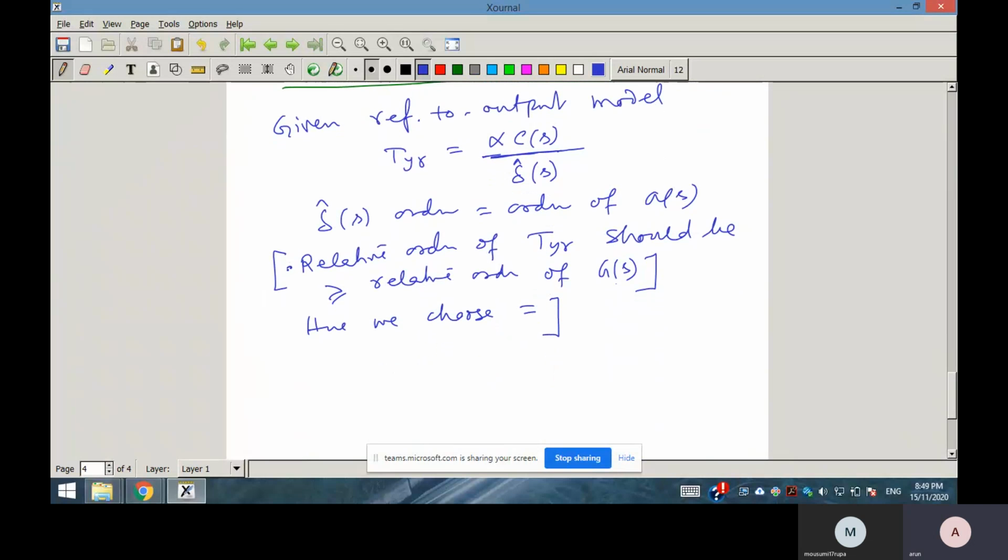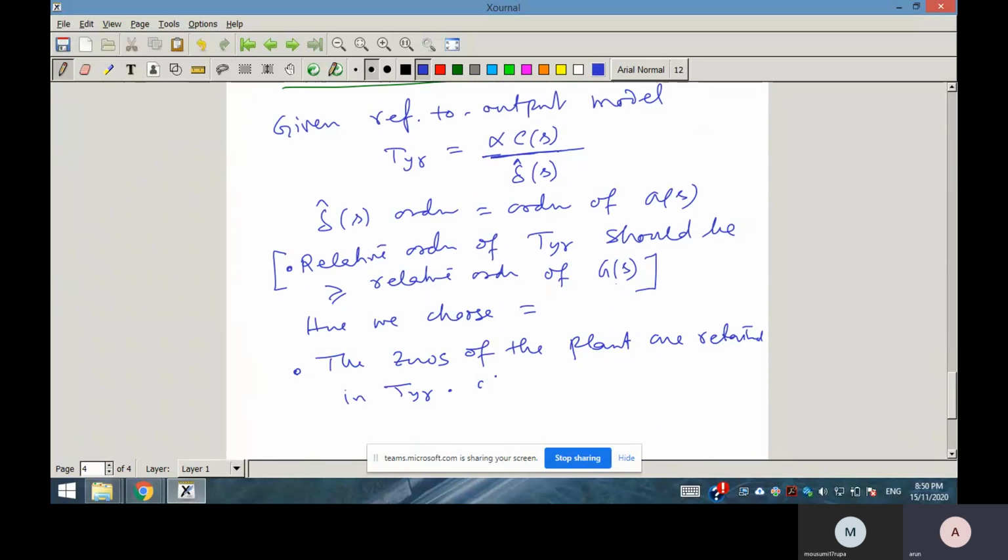So the zeros of the plant are retained in TYR.